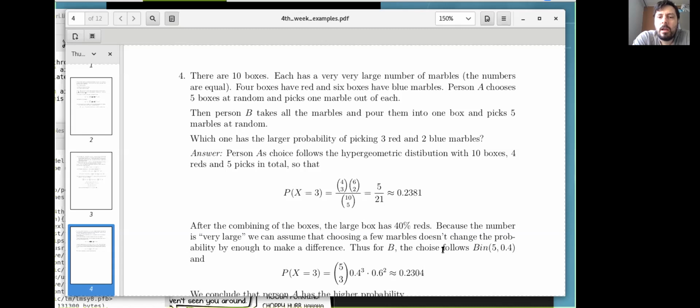So person A has a slightly higher probability here. So you see the hypergeometric distribution and the binomial distribution are quite different in this case. Similar but quite different. Somewhat different results. All right.